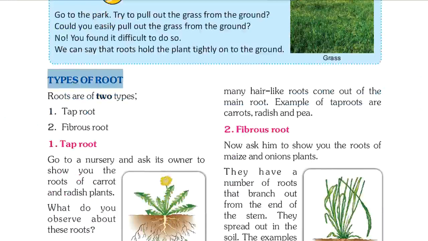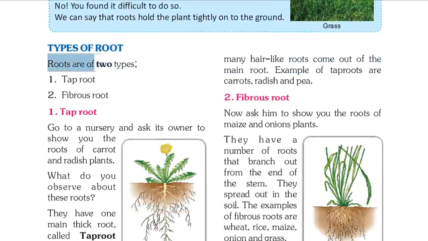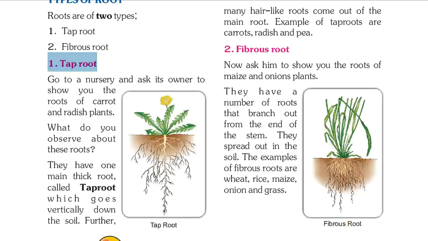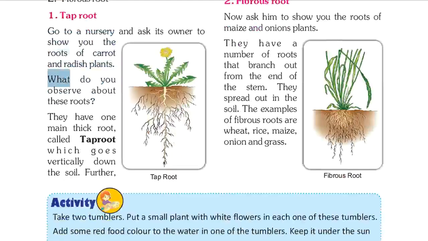Types of root. Roots are of two types: taproot and fibrous root. Number 1. Taproot. Go to a nursery and ask its owner to show you the roots of carrot and radish plants. What do you observe about these roots?